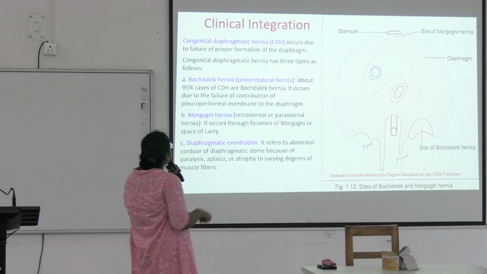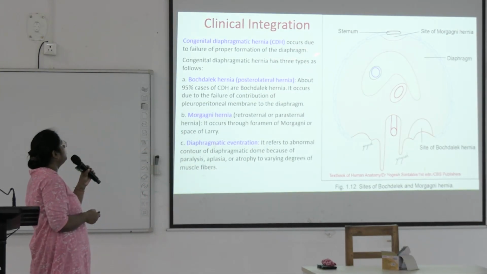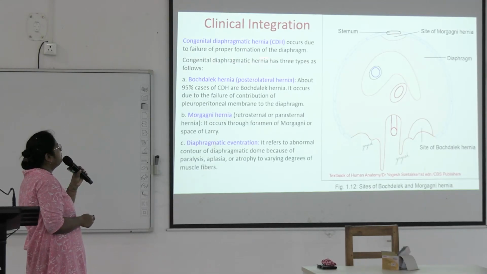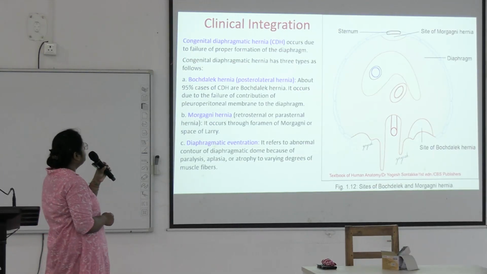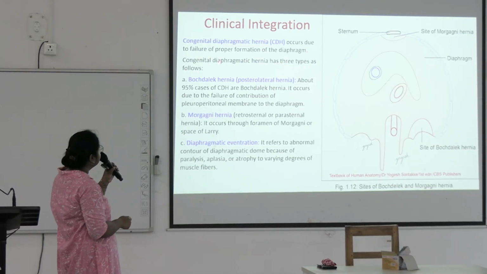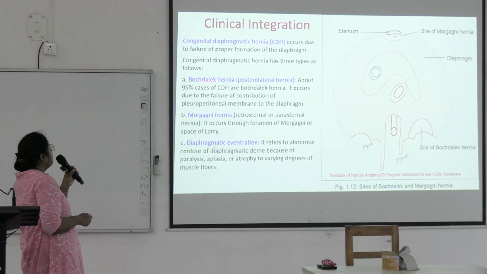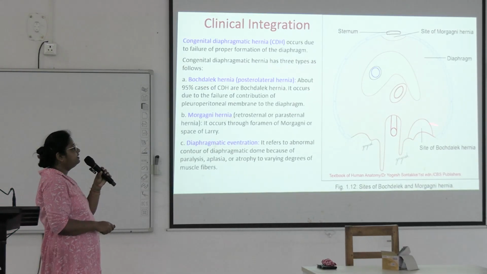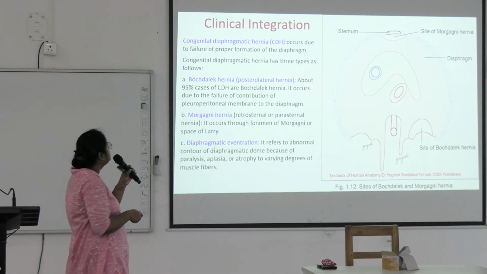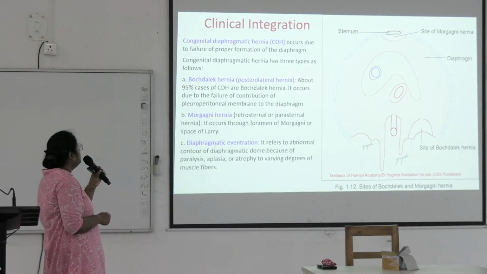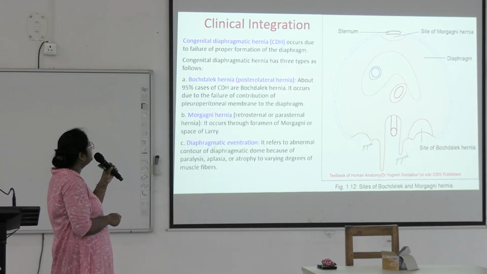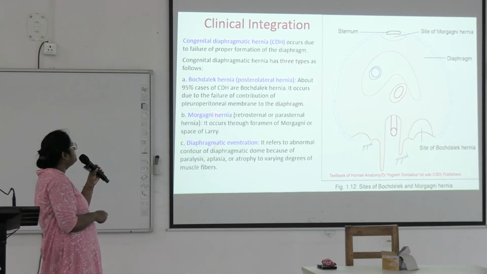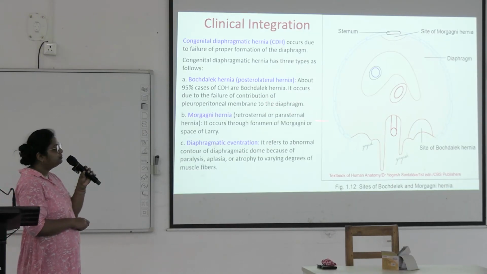Next, congenital diaphragmatic hernia occurs due to failure of proper formation of the diaphragm, and it is of three types. Bochdalek's hernia is a posterolateral hernia. You can see the location, the posterolateral part of the diaphragm. About 95% of cases of congenital diaphragmatic hernia are Bochdalek's hernia, which occurs due to failure of contribution of the pleuroperitoneal membrane to the diaphragm.